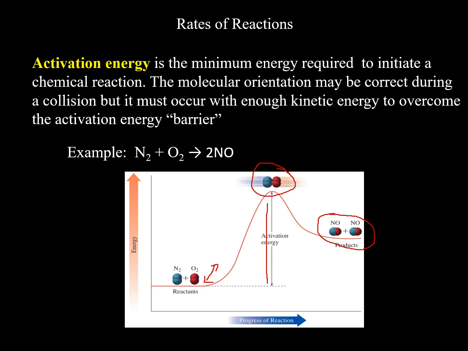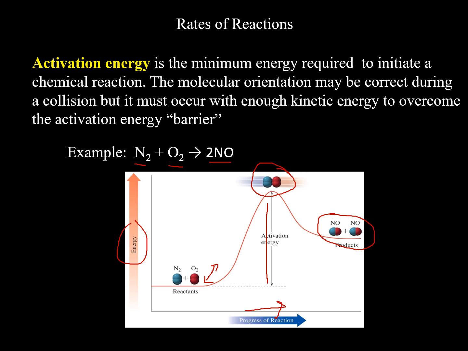So in this case, we have N2 plus O2 giving us 2NO. And if you look here, we have a graph of energy versus the reaction. Here we see that the N2s and the O2s again have to combine in a particular manner so that the N2 breaks, the O2 breaks, and then they combine to make two NO molecules.